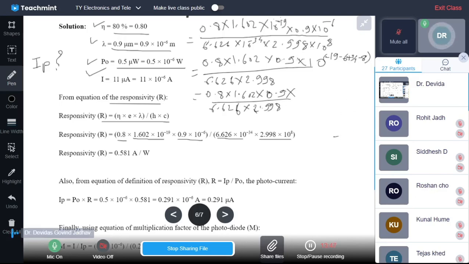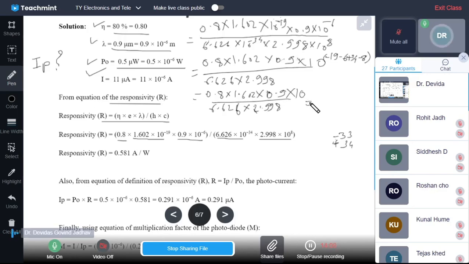So this is minus 33 and plus 34. So it becomes plus 1. 10 to the power 1. So 10 to the power plus 1 is 10. Now we can solve it very easily.